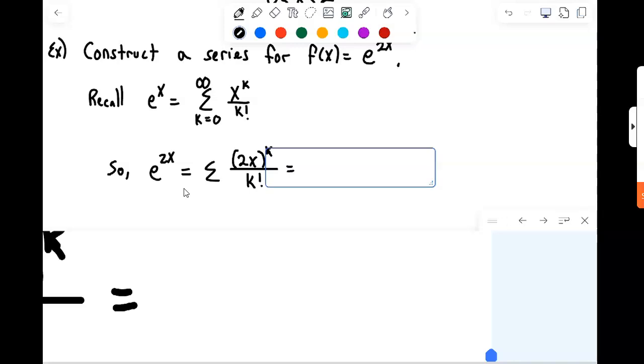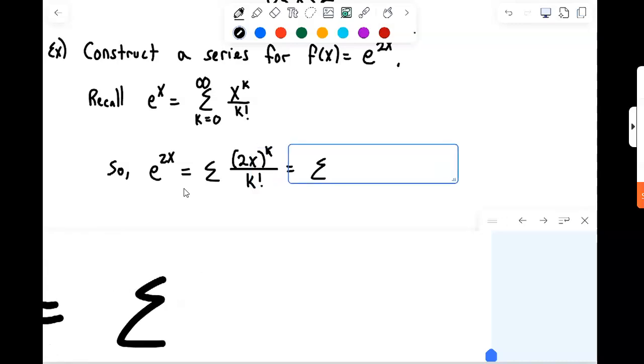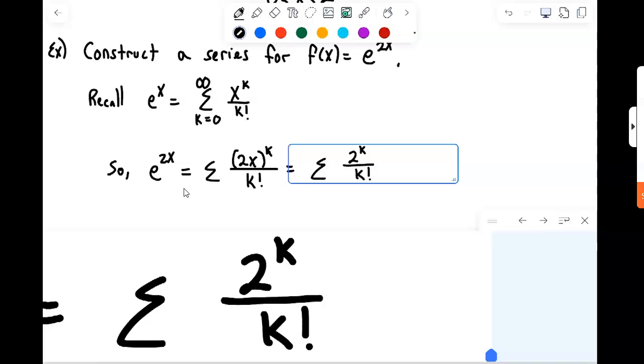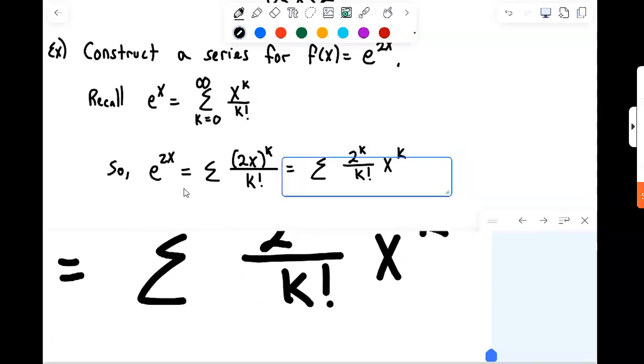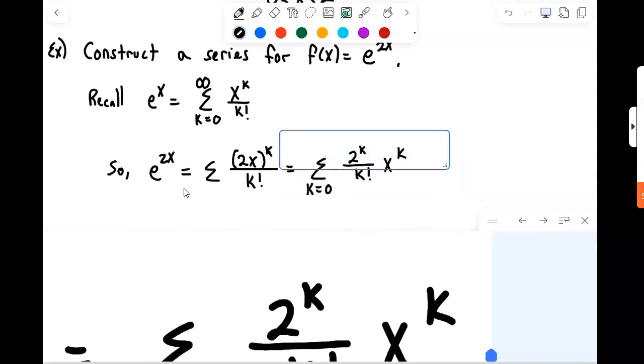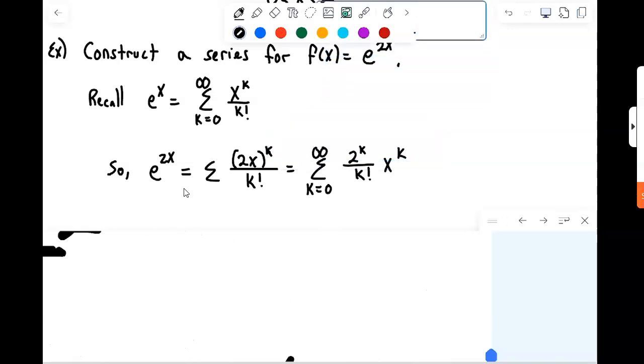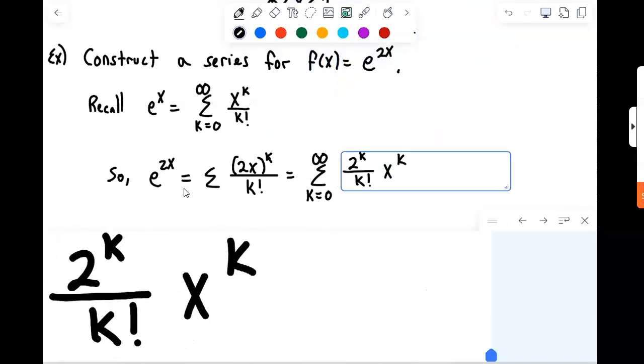And so that would simplify to be the series 2 to the k over k factorial times x to the k, and that would, of course, be k equals 0 to infinity. And from our composition rule from earlier, this thing should converge for all real numbers. This thing should converge as long as 2x is inside the interval of convergence for the e to the x function.